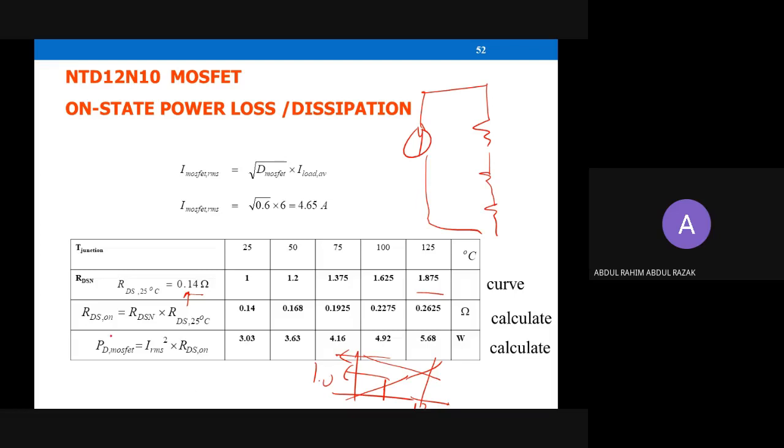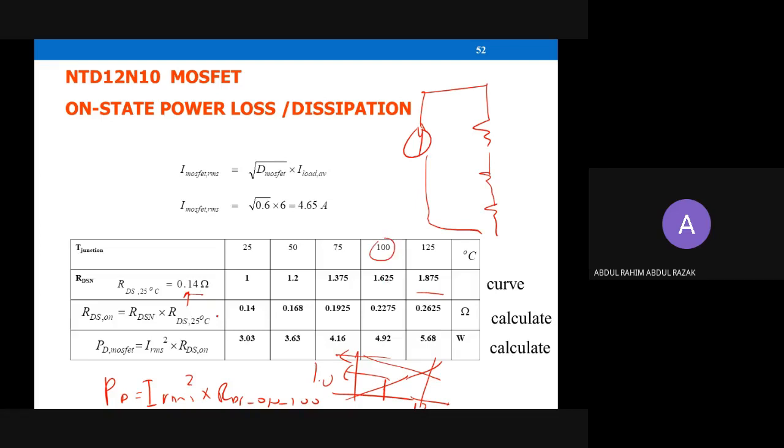So you get your PD for the MOSFET. For this scenario, the MOSFET will operate at 100 degrees C. So you find the RMS squared times RDS on at 100 degrees C. So 100 degrees C is here. So 1.65 times 0.14.